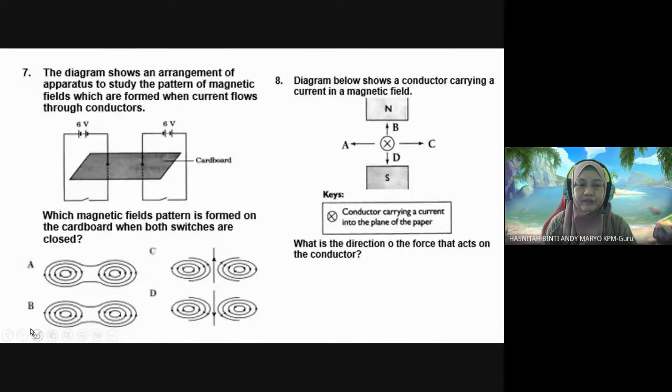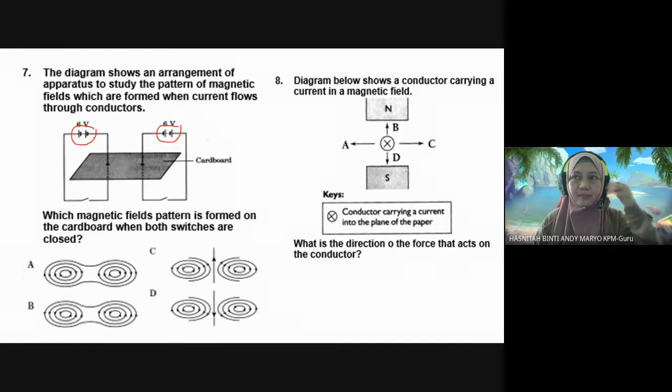Okay, you are given two conductors, both connected to a 6 volt dry cell, and this is the direction of the terminal of the dry cell. Okay, so we check first on the left. Okay, does the current flow in or flow out, student? Current flow in or flow out of the cardboard? This one on the left side. Okay, where does the current flow?